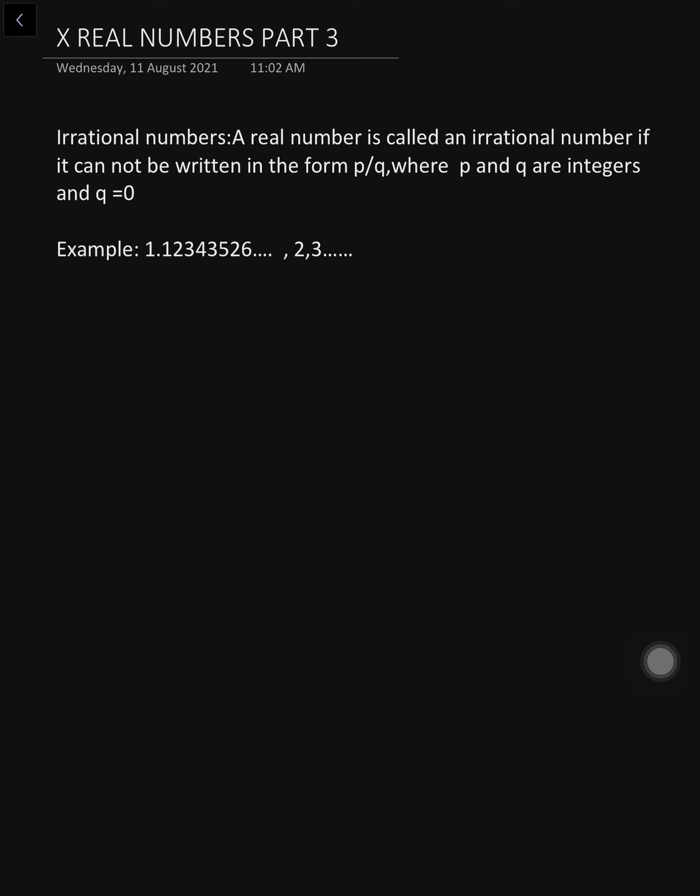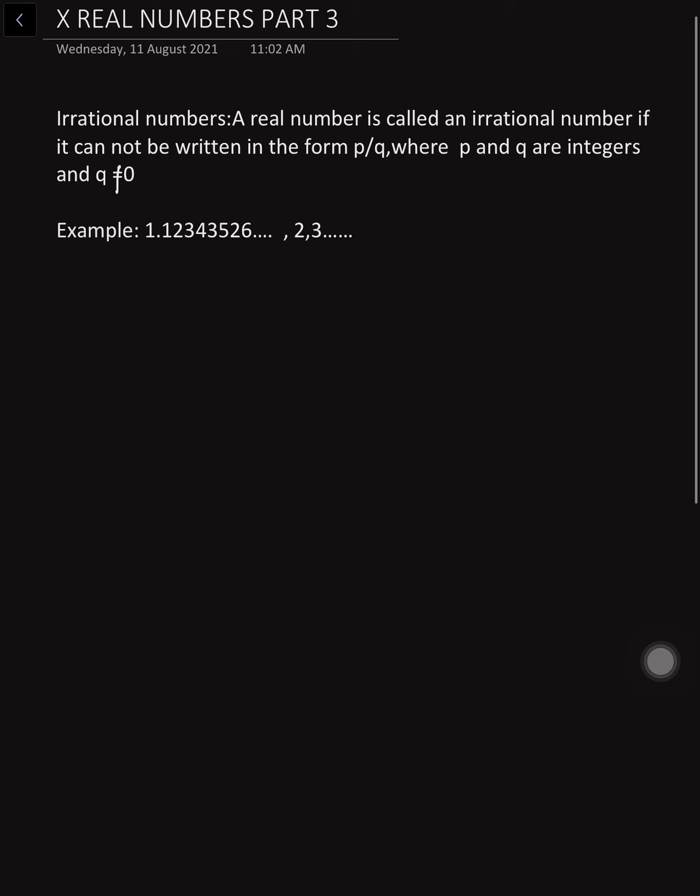What is an irrational number? A real number is called an irrational number if it cannot be written in the form p by q, where p and q are integers and q is not equal to 0.